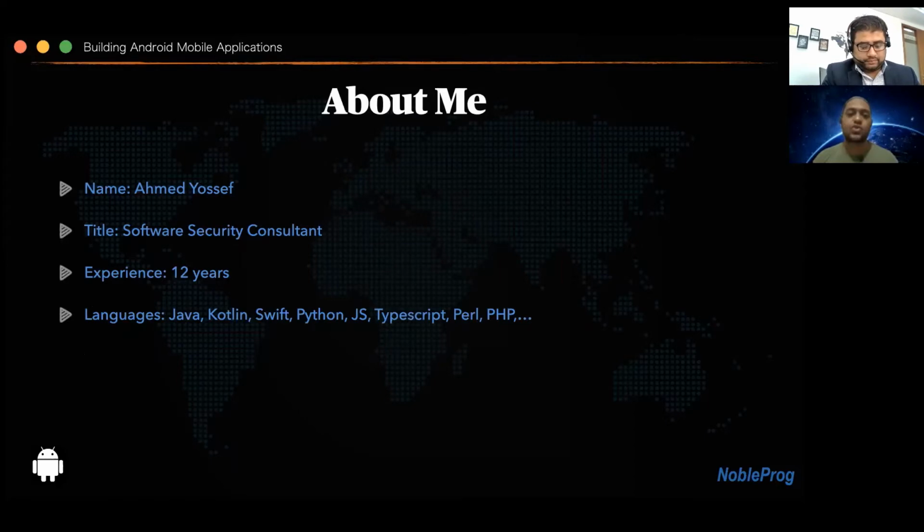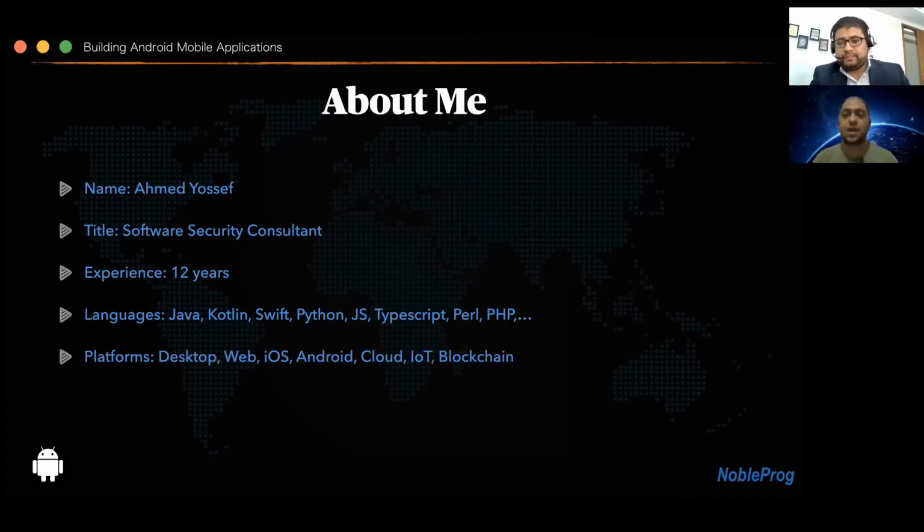I use programming languages such as Java, Kotlin, Swift, Python, JavaScript, TypeScript, Perl, PHP, C#, and others. I build apps for various platforms: desktop, web, Android, iOS. I also build for serverless, cloud computing, IoT, and also blockchain.